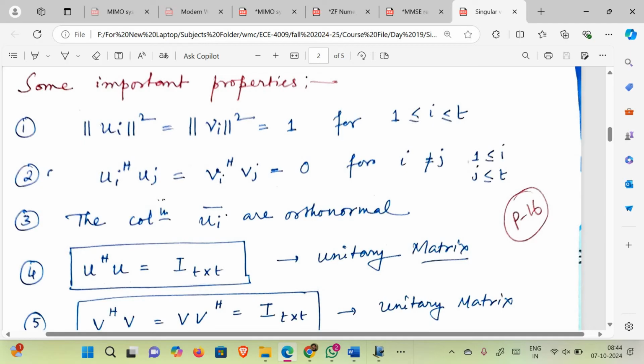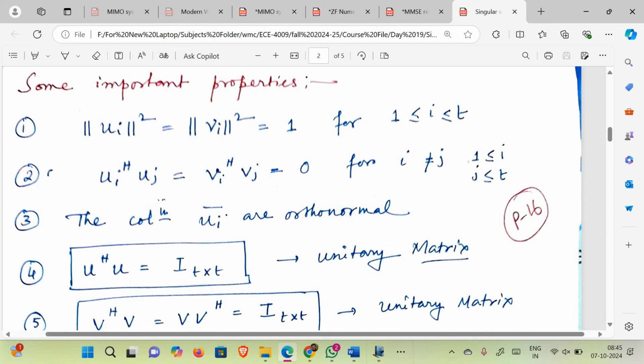For example, the fourth one: U Hermitian U is always an identity matrix of T cross T. Please make a note of these properties. I'll show you some of the types of questions also. You need to find a way to prove all this one by one, so that your decomposition is actually following the rules or not.